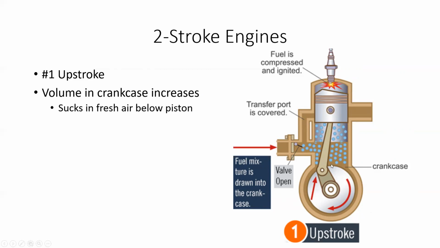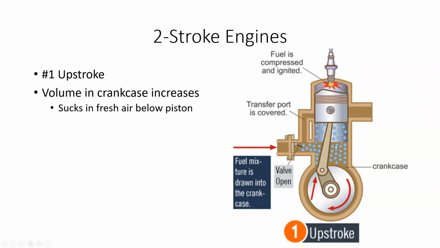When the piston moves up in a two-stroke engine, the volume inside the block, or the crankcase, increases. The block is the housing, or you can call it the crankcase. As the piston moves up, the volume down here increases, so that is pulling air and fuel into the crankcase below it.